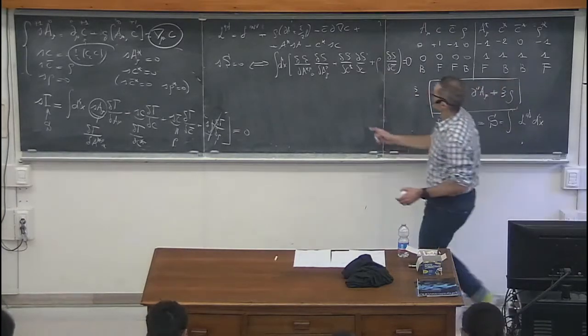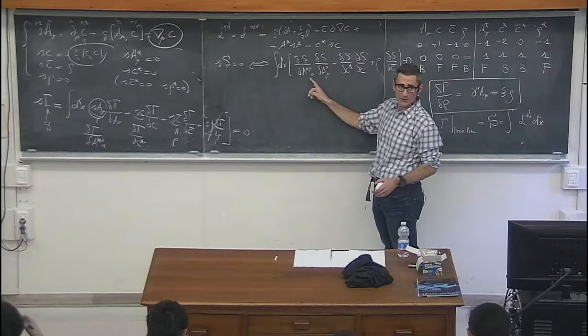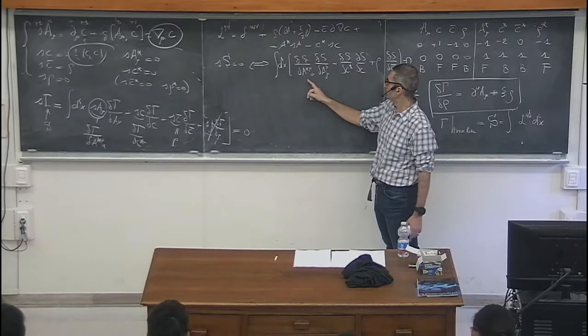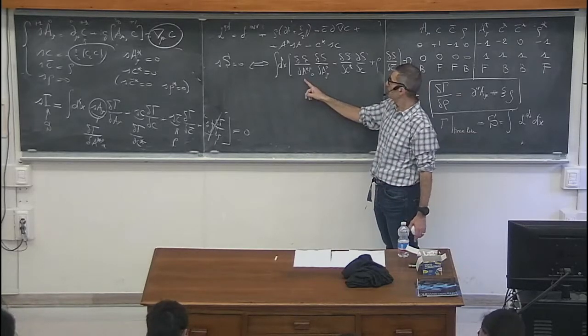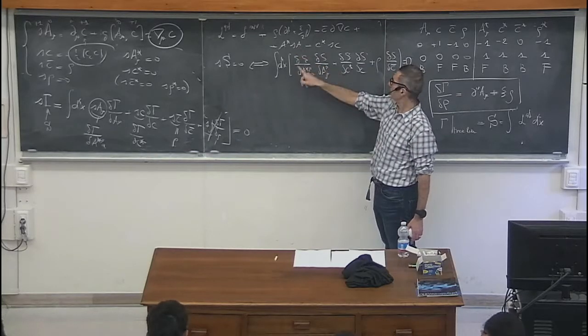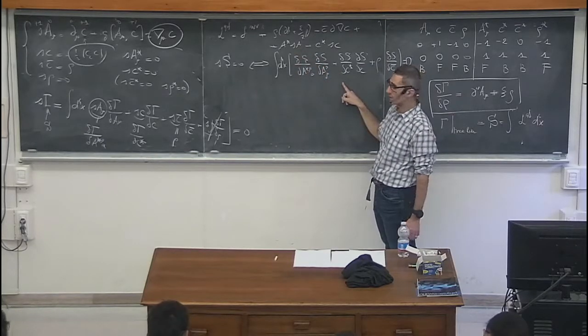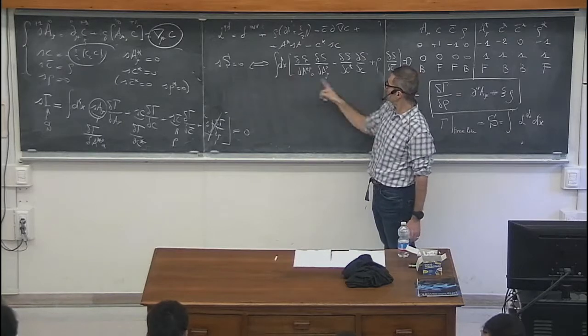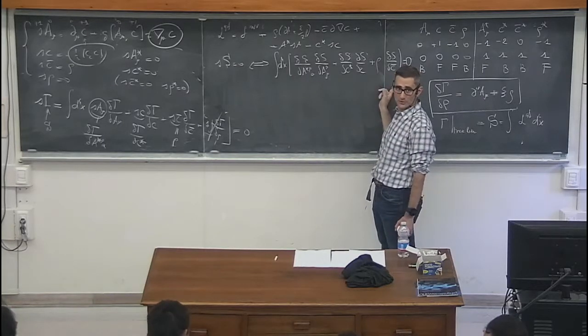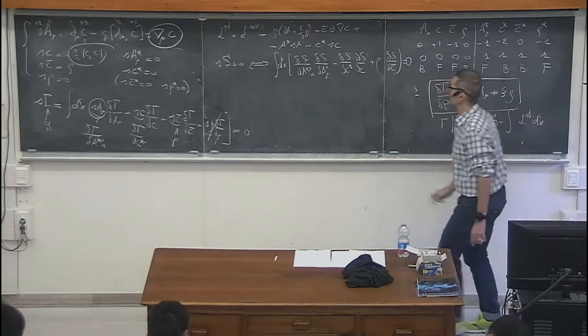Now you can check it by yourself. I advise you to take this action, compute this variation, do the calculation and find out that this object is equal to 0. You can check it by yourself.